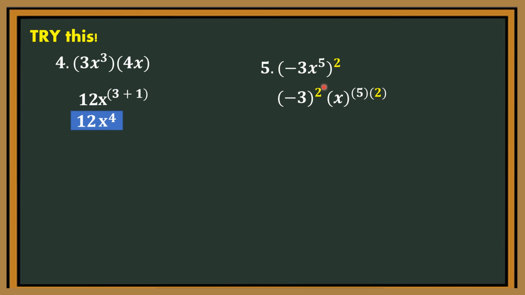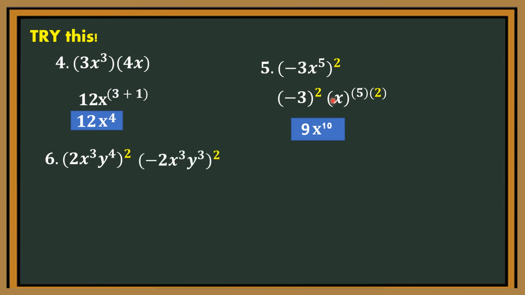Then let us simplify it. Negative 3 squared, that is positive 9. Just copy x, then multiply the exponents. That is 10. Therefore, we will have now 9x raised to the 10th power.